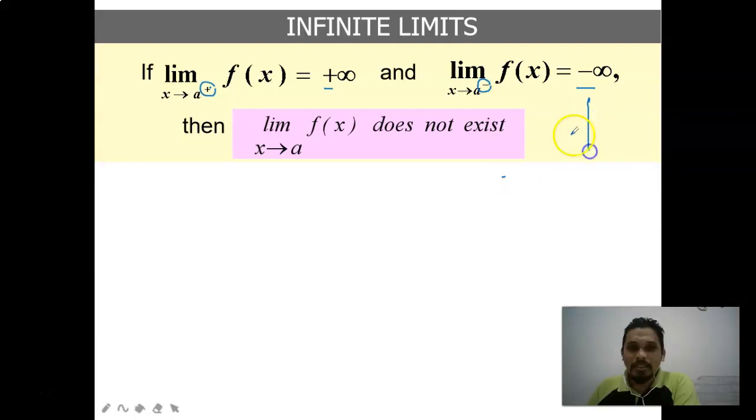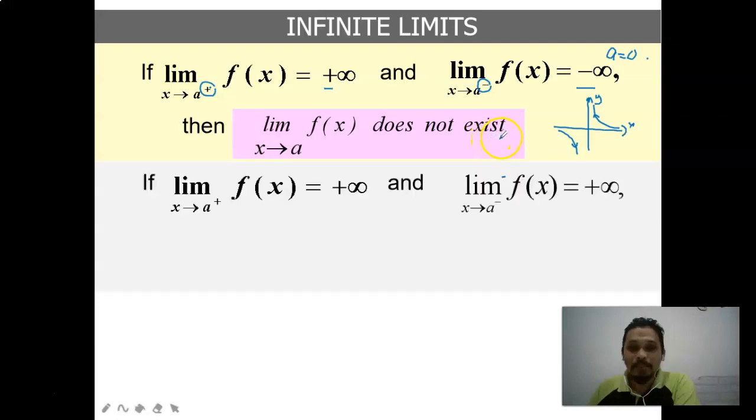In this case, when x approaches a, let's say a equals 0, the limit as x approaches a from the right side, the graph moves up, and when x approaches a from the left side, it equals negative infinity, just like moving down here. So one is moving up from the right side and one moving down from the left side, so the limit does not exist. And what about this one here now?